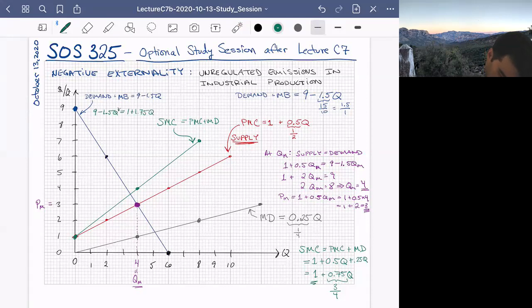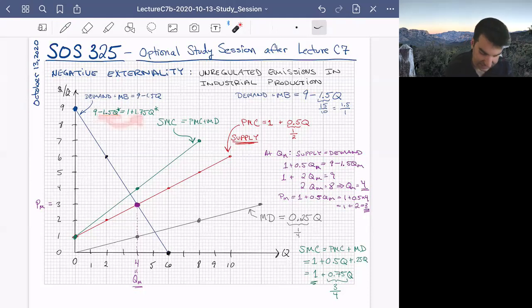I'm going to make this q star to make it clear that I'm solving for the efficient level. I can move the 1.5q to the other side by adding it to both sides, and move the 1 to this side by subtracting it from both sides.